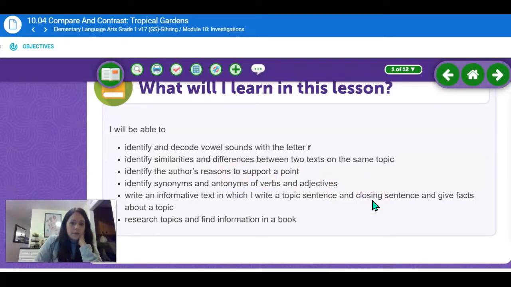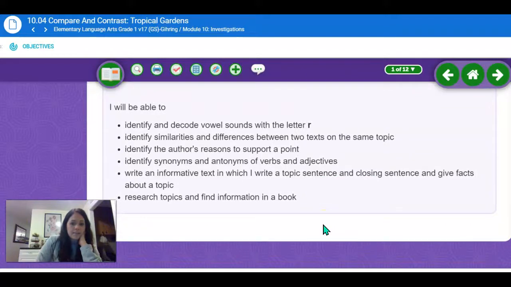We're going to identify the author's reasons to support a point. And we're going to learn about synonyms and antonyms of verbs and adjectives. We're also going to work on our informative writing and research topics and find information in a book.